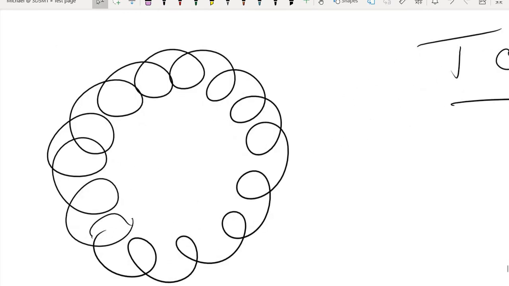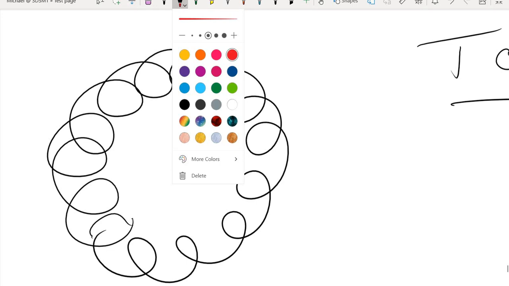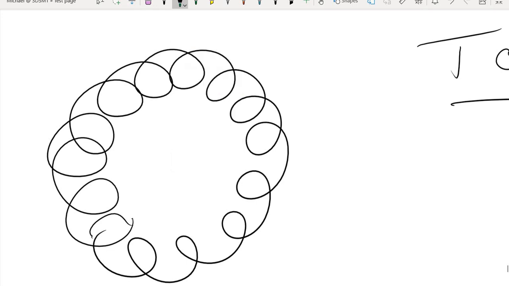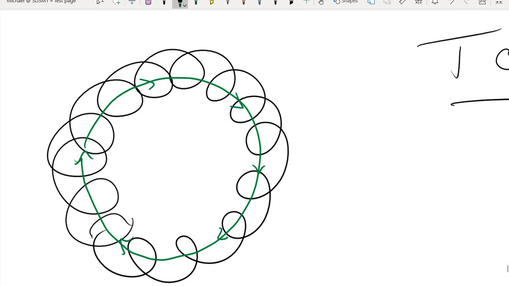And what we want to know is, if we have current running through these loops of wire, what kind of magnetic field is it going to produce? And that magnetic field would have to travel through the center of all of those coils. And that's what we want to find.